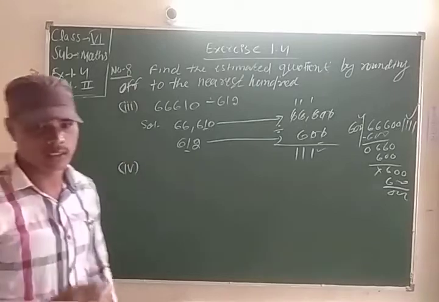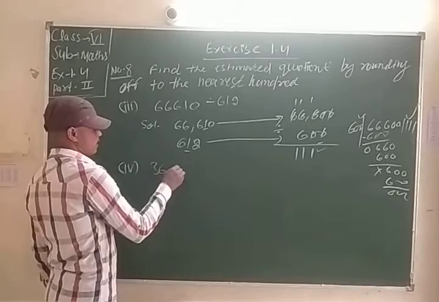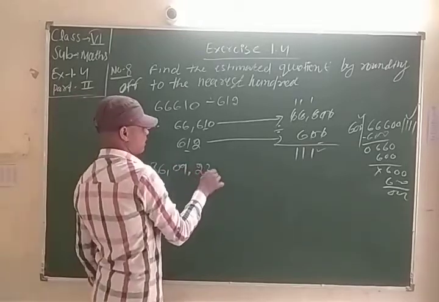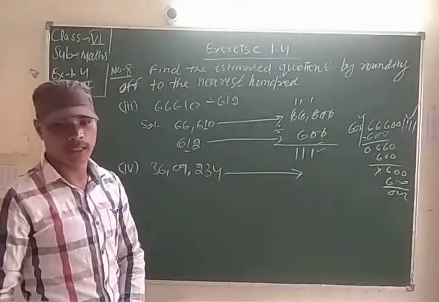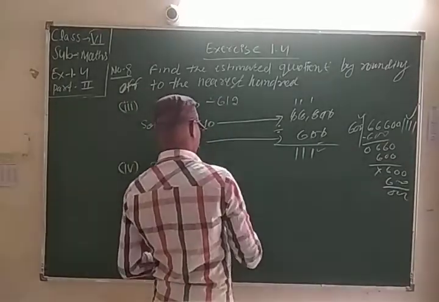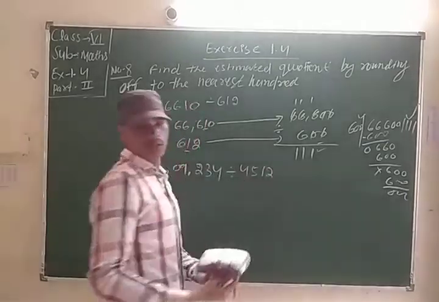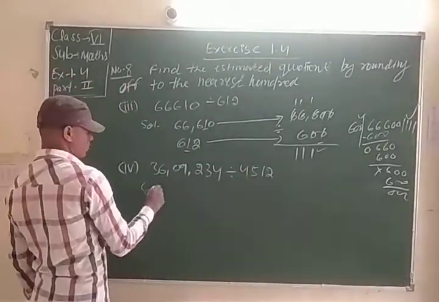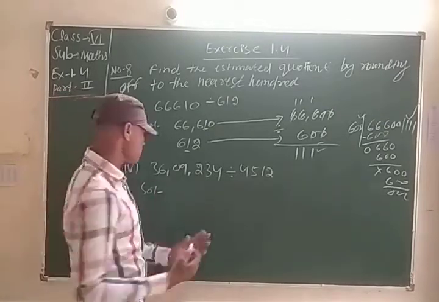So number 4. What is the question here? 36 lakh 9,234 divided by 4,512. First, we round off to the nearest 100.